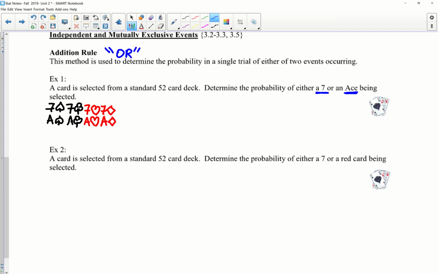And that gets me to my next point, because you could look at your sample space and say I have 8 out of 52, and I know there's 52 because it's a 52 card deck.